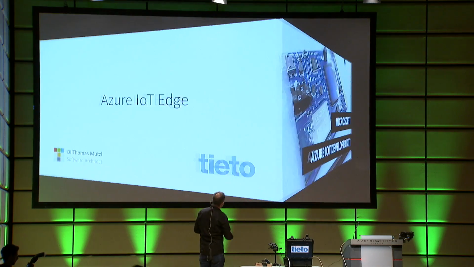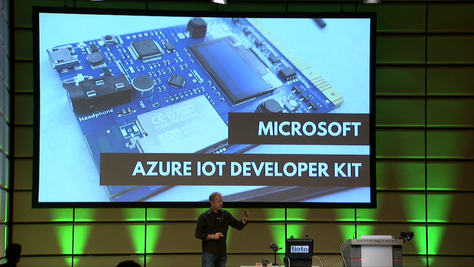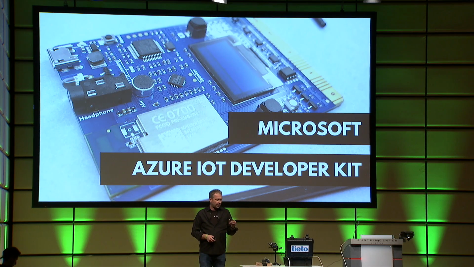First, I will introduce a rather cool piece of hardware, yeah? This one is called the Microsoft Azure IoT Dev Kit. Microsoft has been shipping this since the beginning of this year, I guess. I love this piece of hardware.